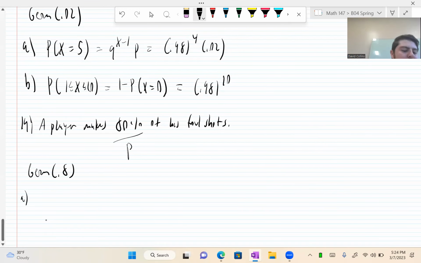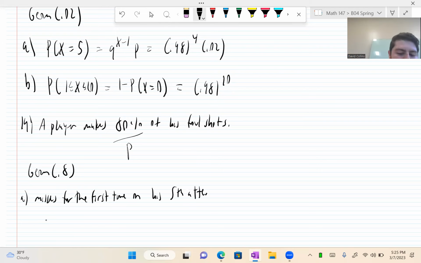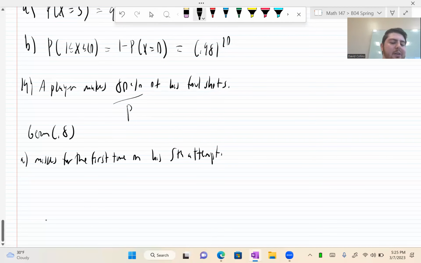So part A is misses for the first time on his 5th attempt. In this case, actually, getting your foul shot is the failure. We've kind of flipped it.